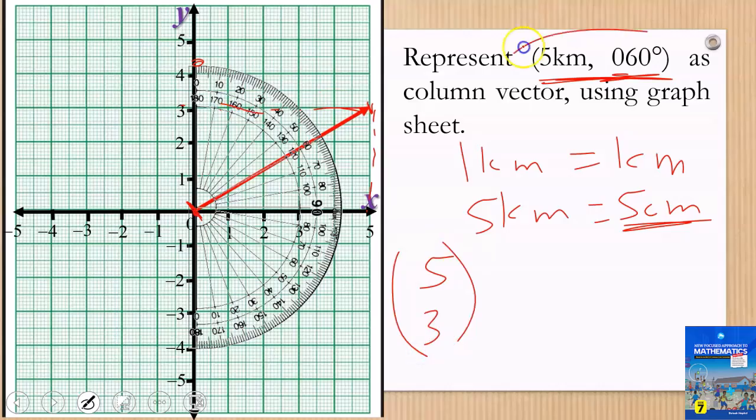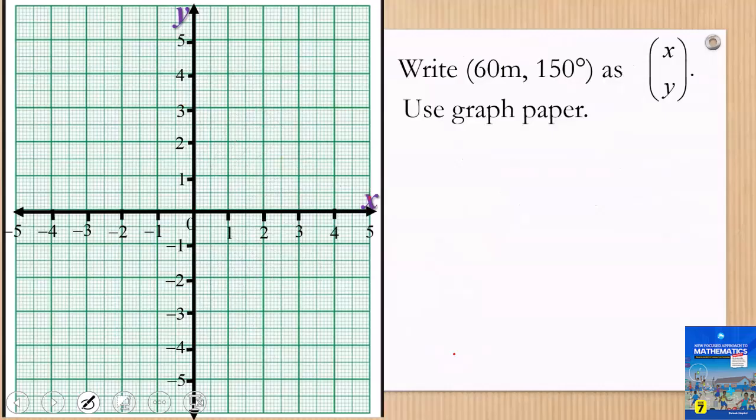That means, in terms of kilometers and centimeters here, we can have the vector to be (5, 3). Now, do the practical aspect of this, and you will realize that it is very, very easy for you to understand. Okay, now let's take another example and see.